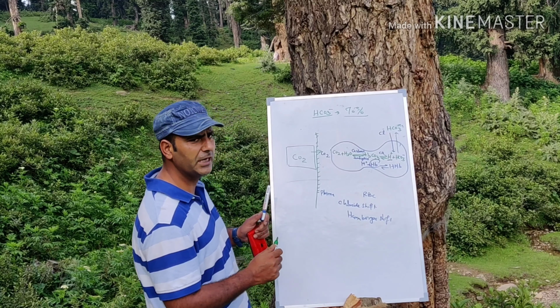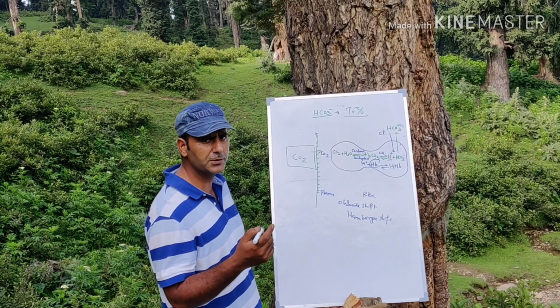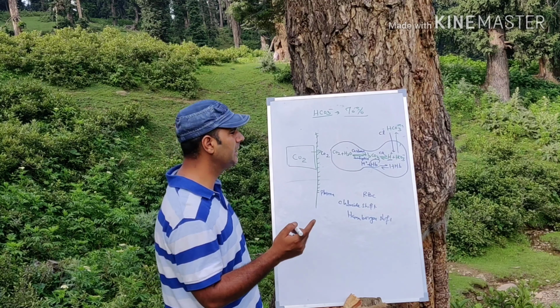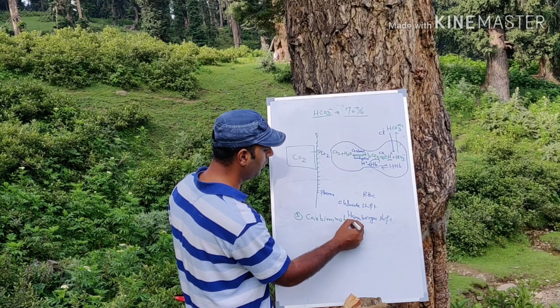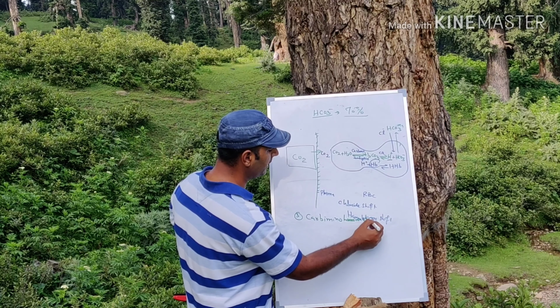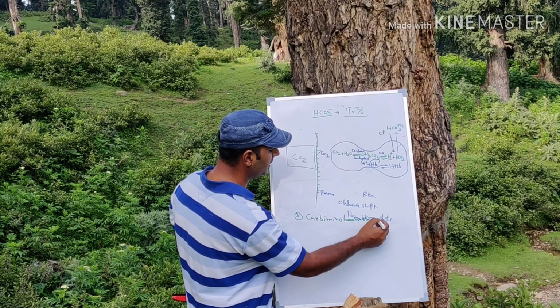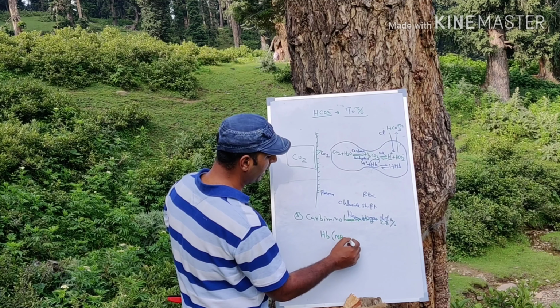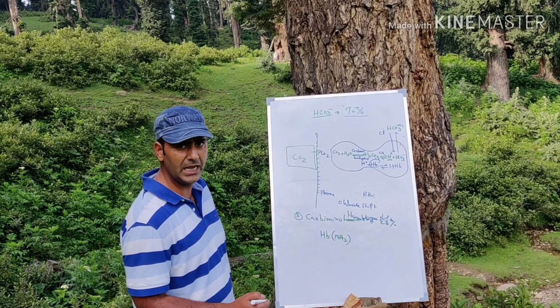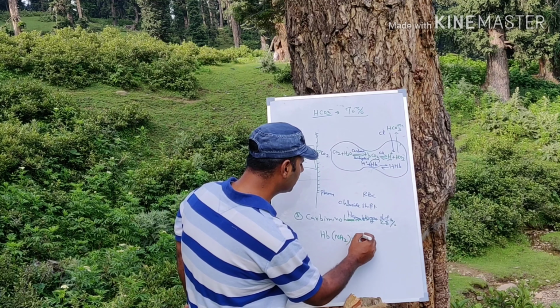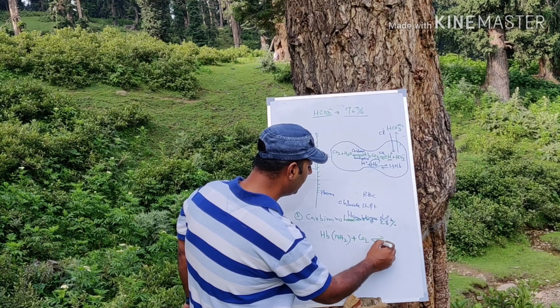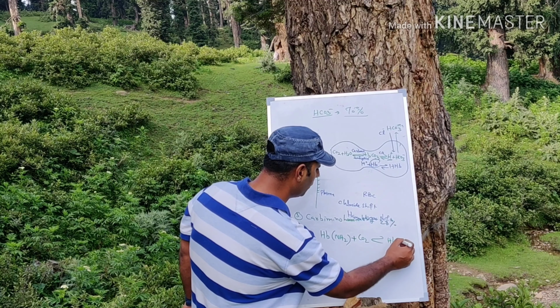Then the last thing is carbon dioxide is also transported in the form of carbaminohemoglobin, and the percentage of this is 23%. We have hemoglobin, and there is an NH2 group of hemoglobin. This NH2 group of hemoglobin binds with carbon dioxide and forms HbCO2.